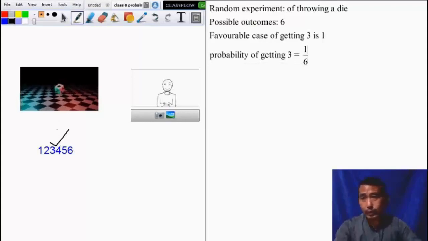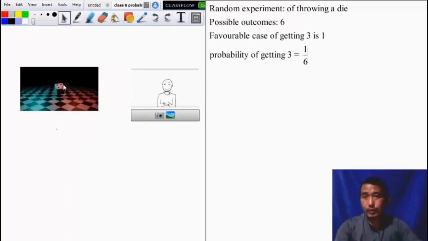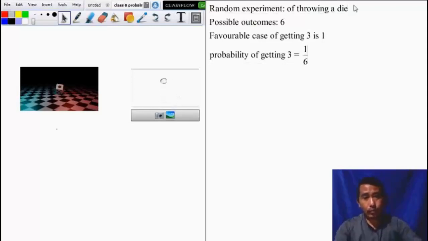Now again in the second case, if we throw a coin, the random experiment of tossing a coin, then the possible outcomes, I know that you already know, will be 2, because either head or tail can come.